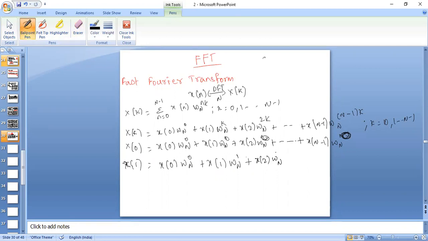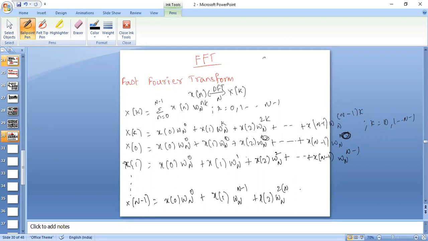Similarly, at last, the equation for x of n minus 1 would be x of 0 omega n power 0 plus x of 1 into omega n power n minus 1 plus x of 2 into omega n power 2 into n minus 1 plus so on plus x of n minus 1 into omega n power n minus 1 into n minus 1.